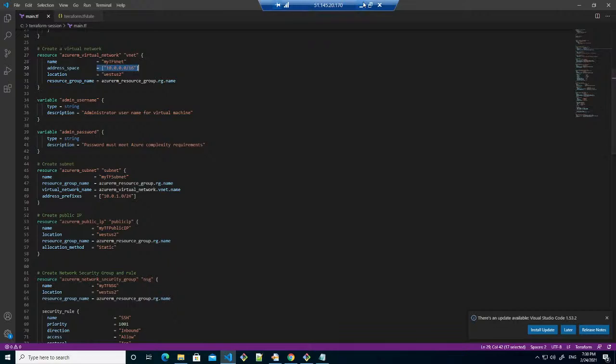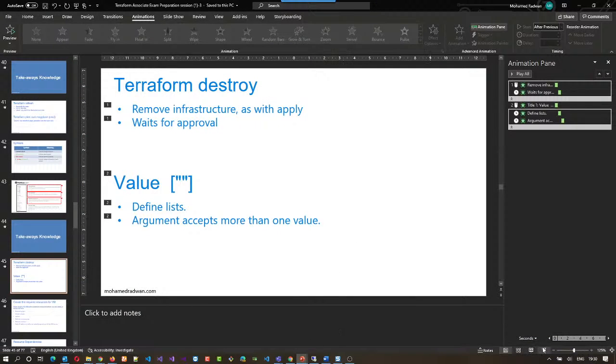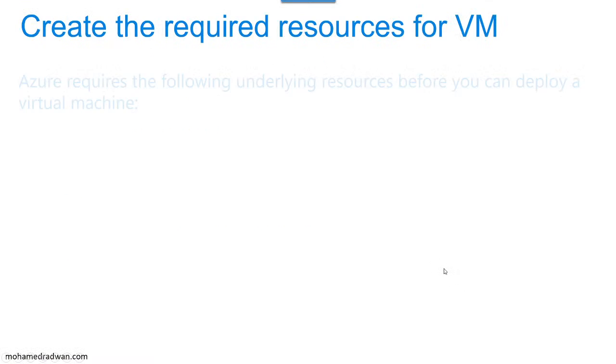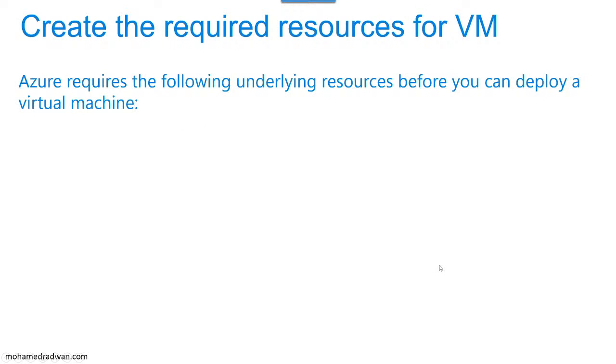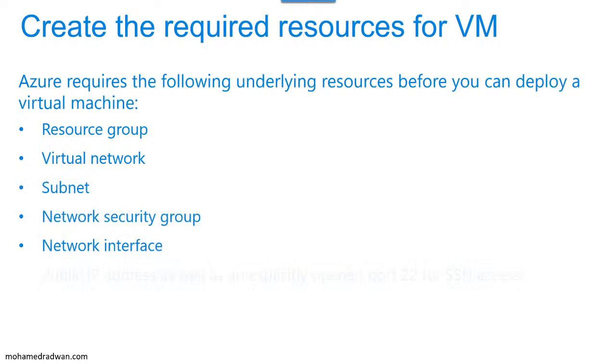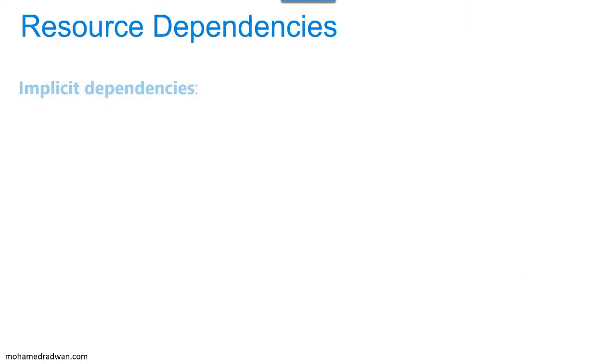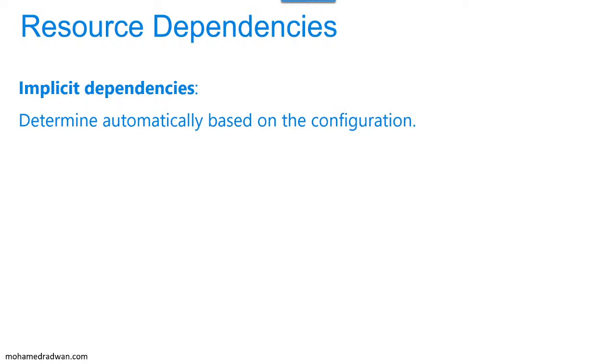Let's get back to creating the required resources for the VM. We explained that the virtual machine requires a resource group, virtual network, subnet, network interface, and so on. We talked about implicit dependencies: by giving a reference to one of the resources, Terraform is intelligent enough to understand there is an implicit dependency, so it will create that resource first.